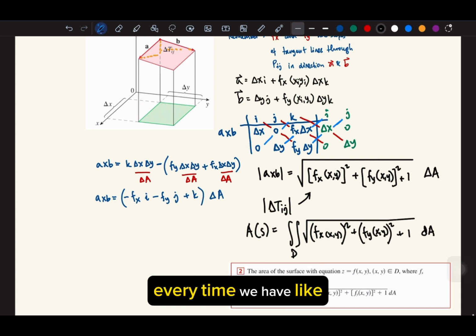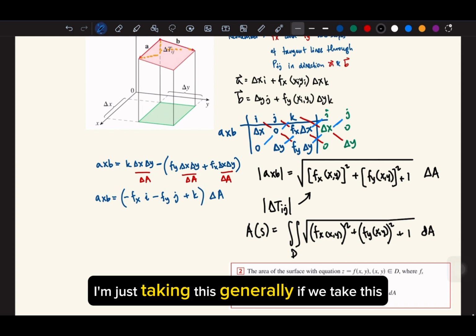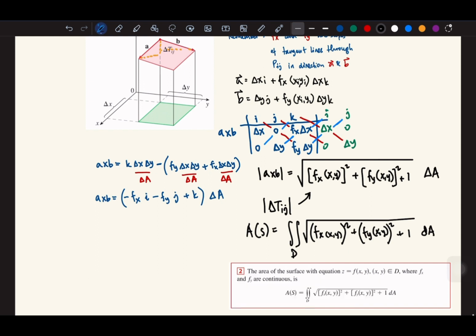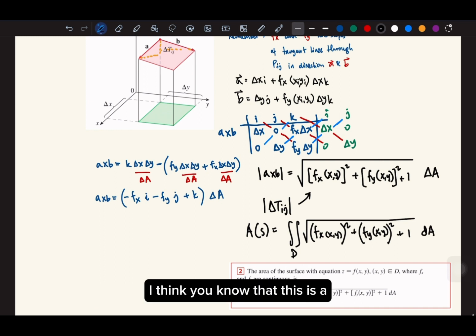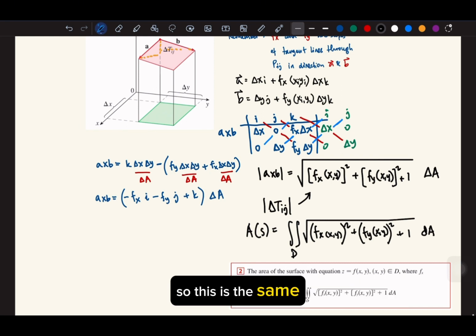Every time we have a vector like this, generally, I think you know that in English we call this a parallelogram. So this is the same.